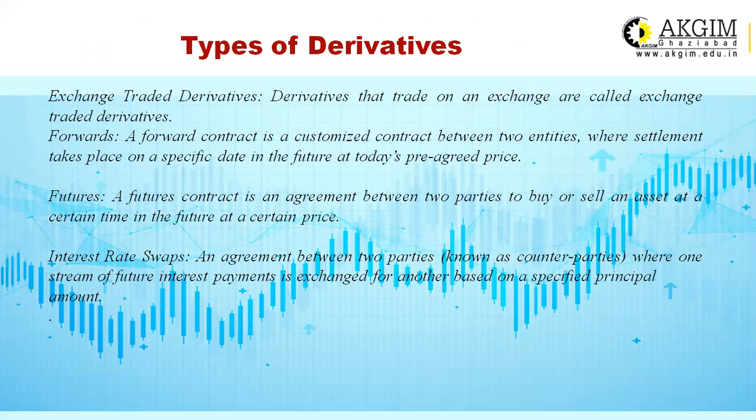Now let us discuss the different types of derivative markets. The first one is exchange traded derivatives. Derivatives that are traded on an exchange are called exchange traded derivatives. These are traded on a recognized exchange.